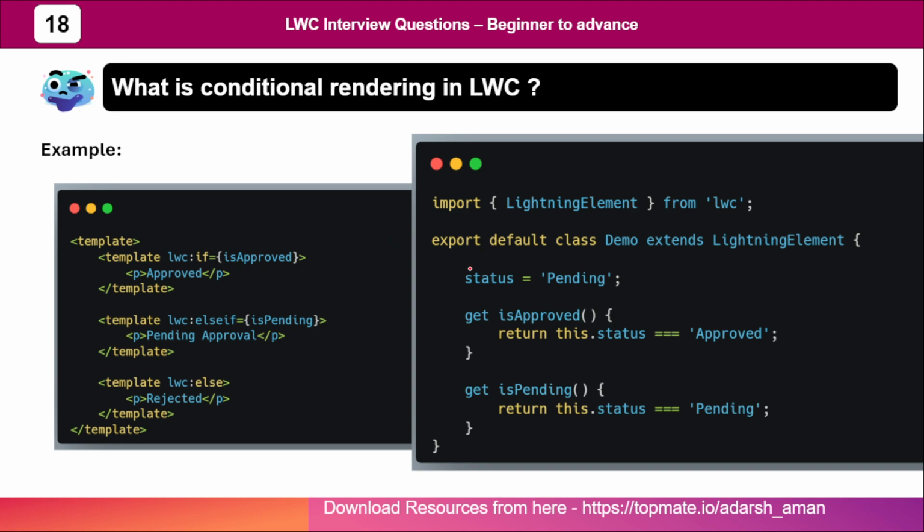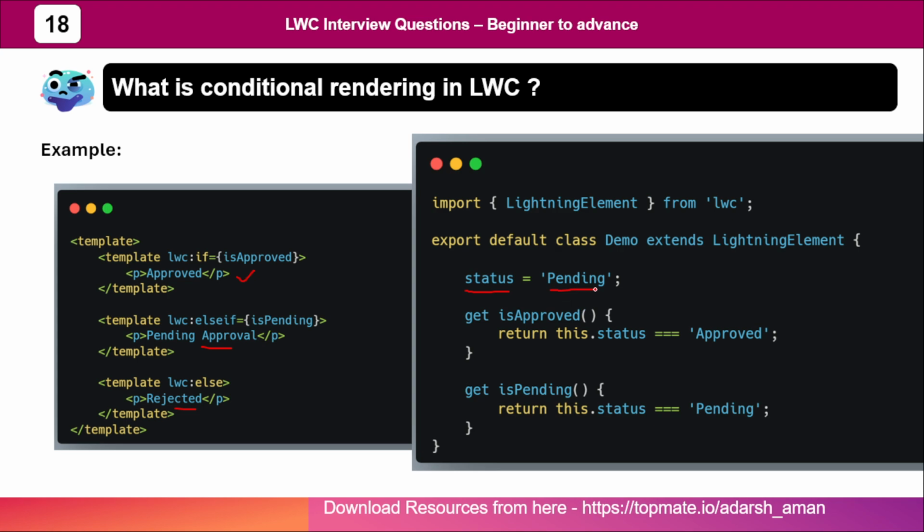So in this example, the requirement is that we want to show a message on the UI, like approved, pending approval, rejected, based on a certain condition. The condition is based on the value of this status, right? This is the JavaScript file of that LWC.